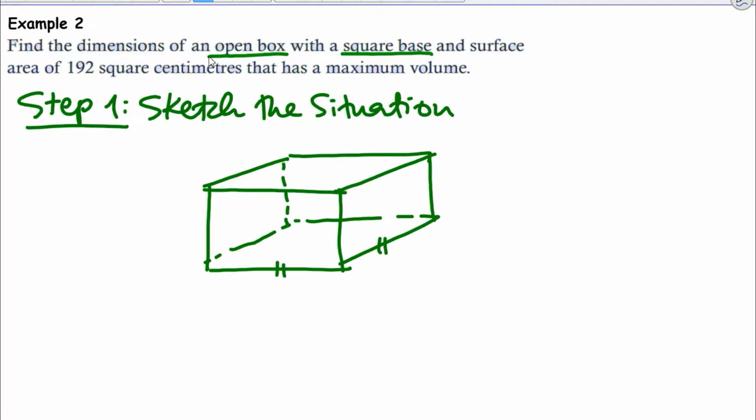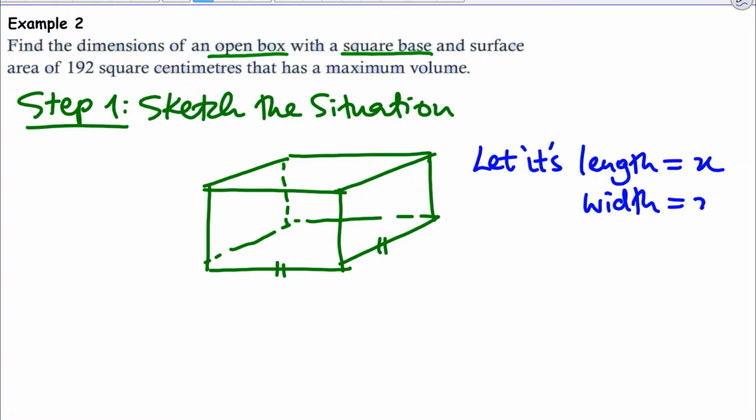Now I don't know what the length is, so we can say let its length be equal to x, which means its width will also be equal to x, and let its height be equal to another value which you don't know, so we'll just use a variable to represent that.